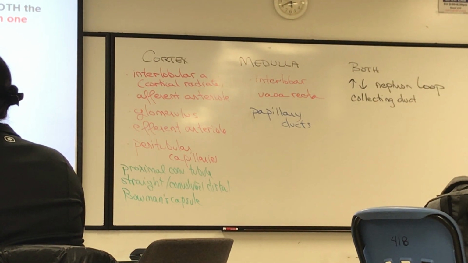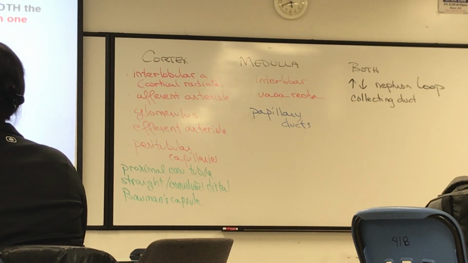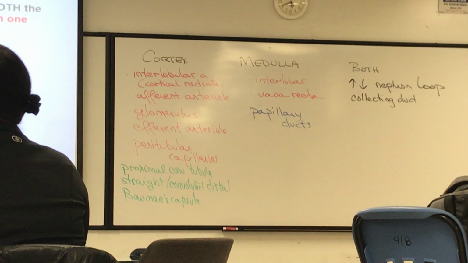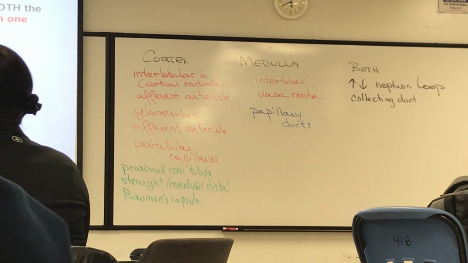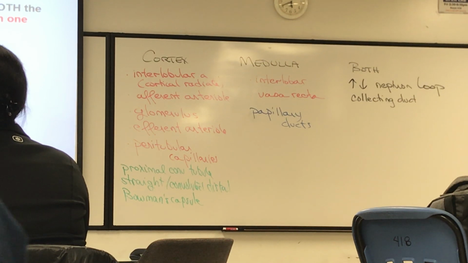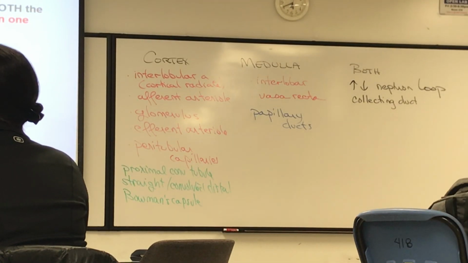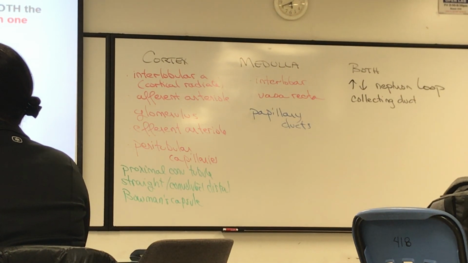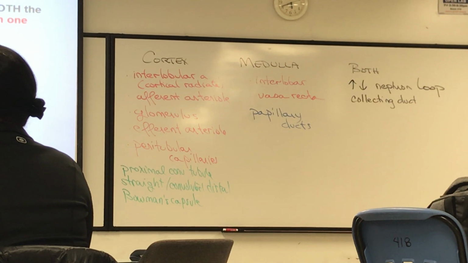Good. Under cortex, it's that second one on the picture that she wrote straight, something distal. Which one, the red one or the green one? The green one, under cortex, it's straight, something distal. Oh, straight slash convoluted.